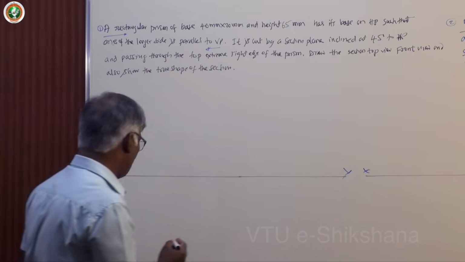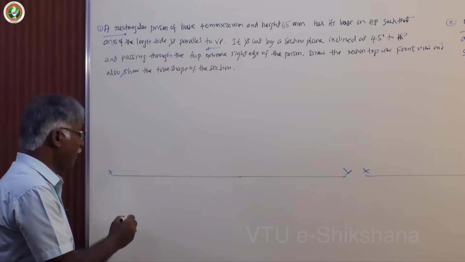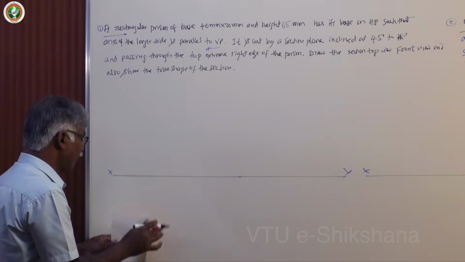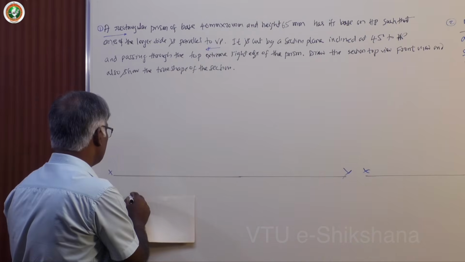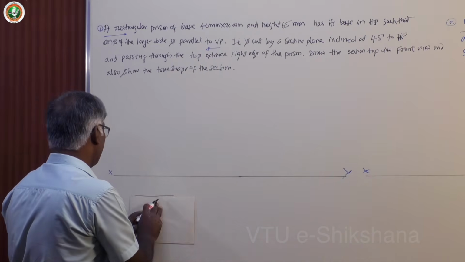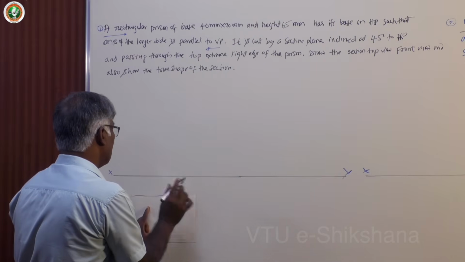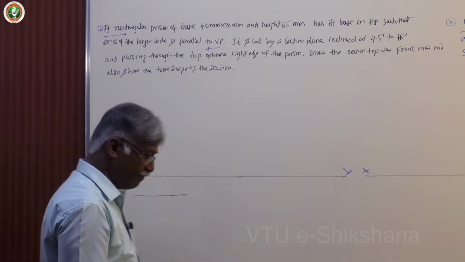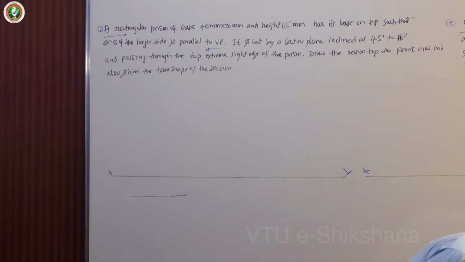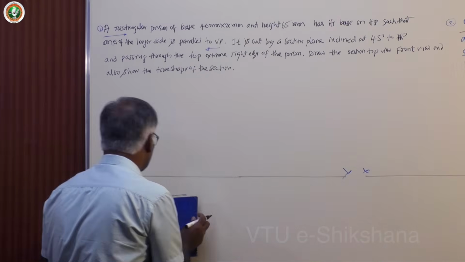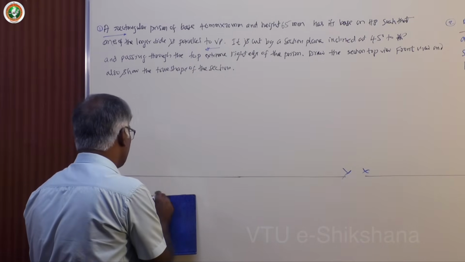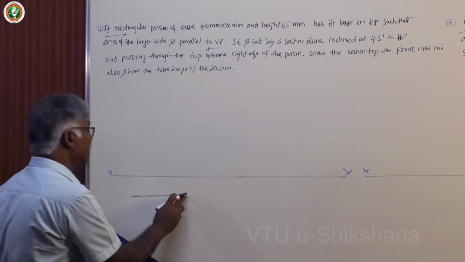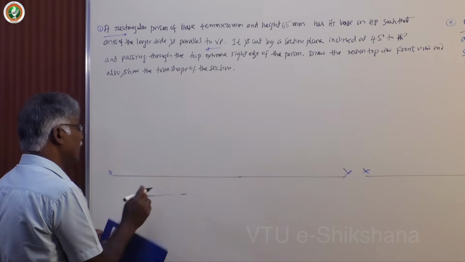Now you know how to draw the rectangle. So the longer side, and one of the longer sides is parallel to VP. So always you must consider this particular reference. Longer side is parallel to VP.